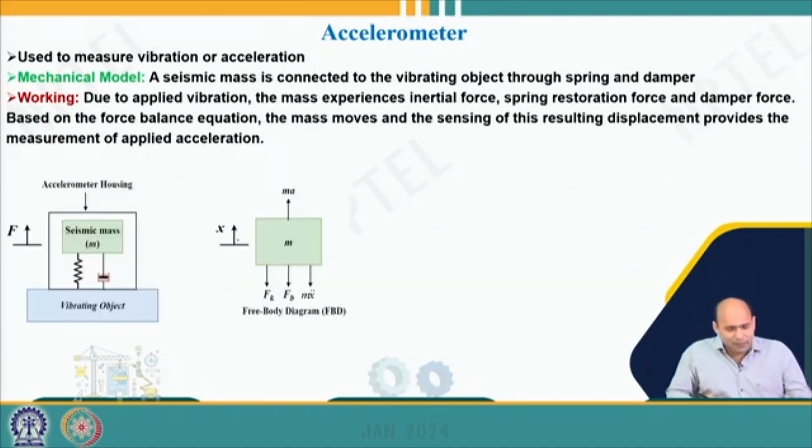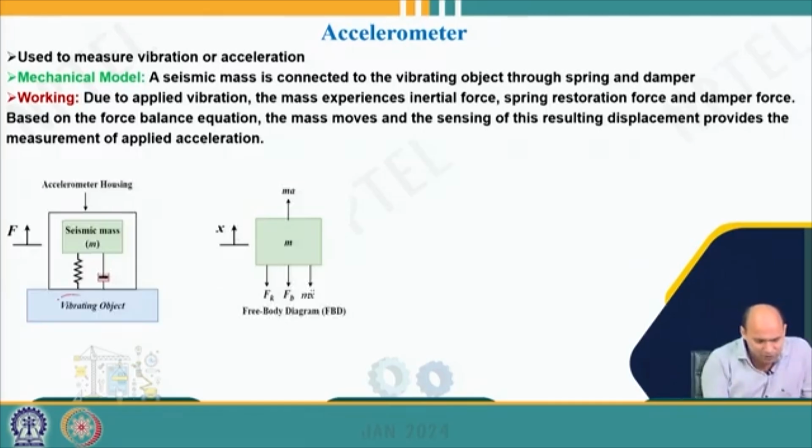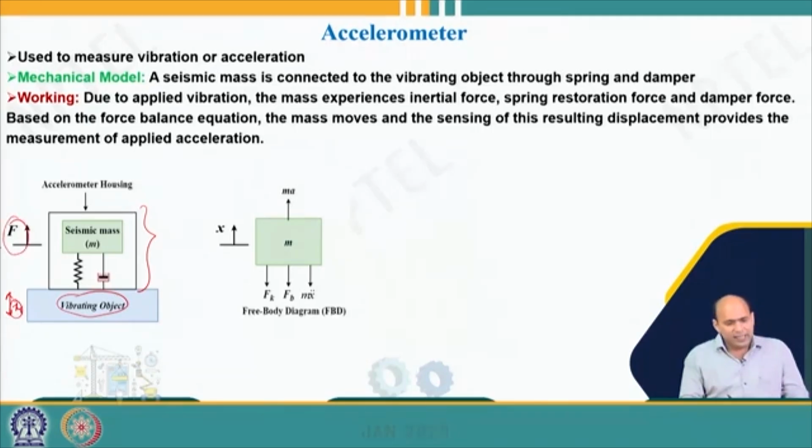Suppose this is your vibrating object and this is your accelerometer sensor. When this vibrating object has some input excitation vibration, which I consider as x1, and I consider some resulting force F, this accelerometer is mounted on the vibrating object, and depending on the accelerations or vibrations, the mass spring damper system inside the accelerometer will move.